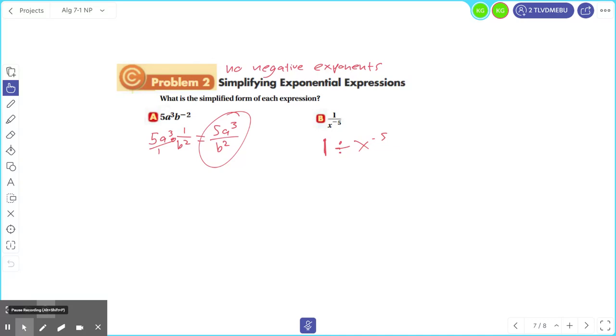And then we'll rewrite this x to the -5 as 1 over x to the 5th, because that's what x to the -5 means.